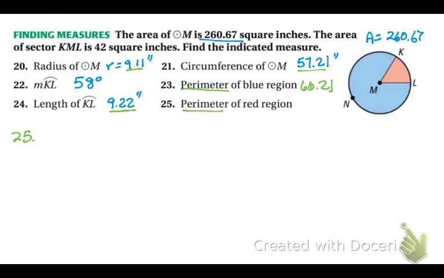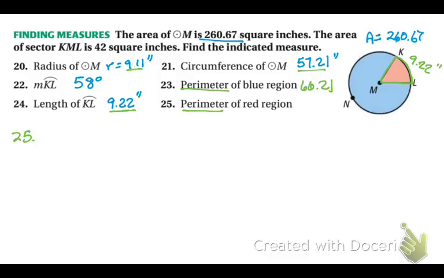So we're looking here at this piece of pie right here. What is the perimeter of that piece of the pie? So that ought to be pretty easy at this point. So we already know from problem number 24 that the arc length of KL is 9.22 inches. That's why I did 24 first.